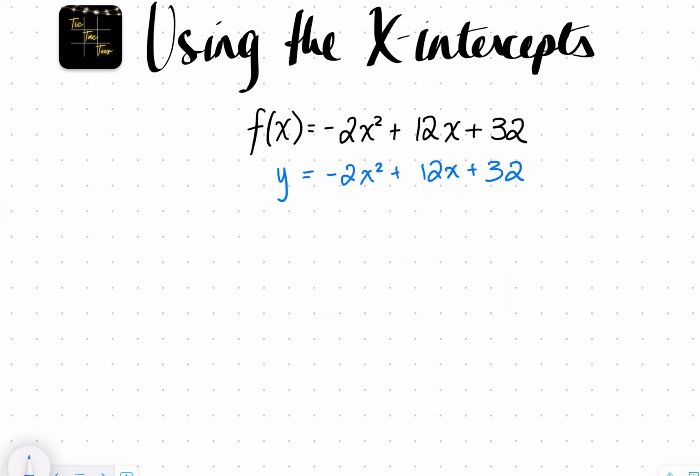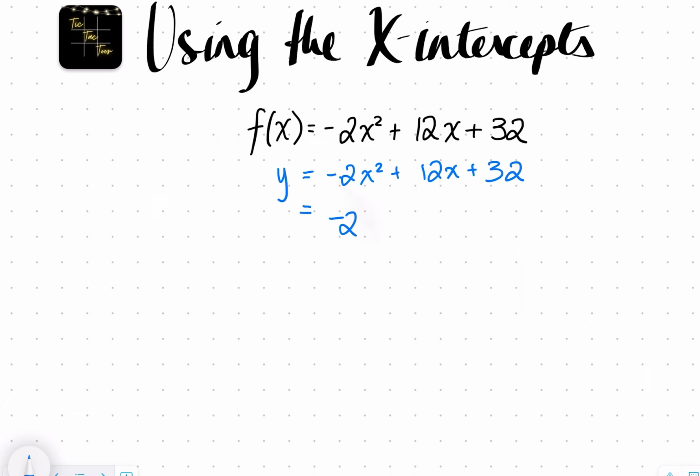We're first going to common factor and take a look at what would be the greatest common factor of -2, +12, and +32. It would be -2. I generally find that if the x squared term is negative, it's best to factor out the -1 factor as well.